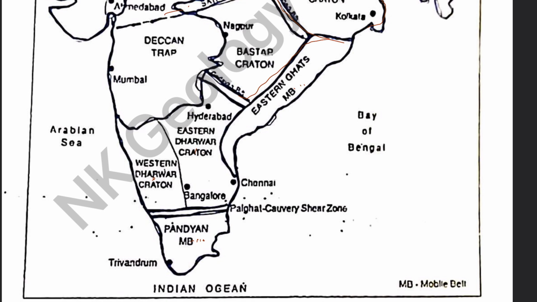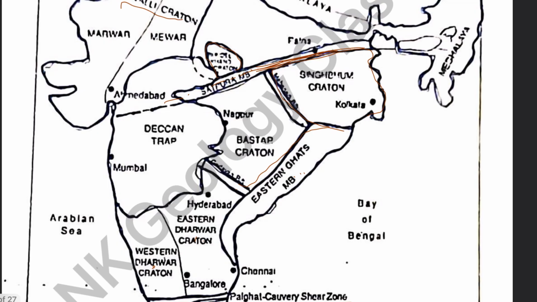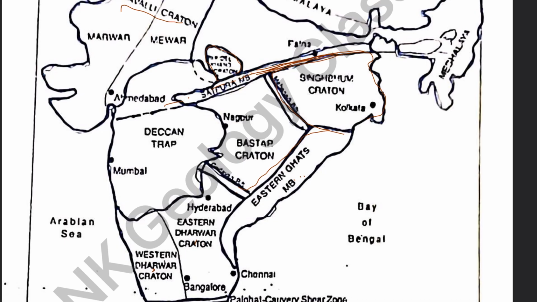Pandyan Mobile Belt is separated from the Dharwar Craton by the Palghat Kaveri shear zone, and the Bastar Craton and the eastern part of the Dharwar Craton have been separated by the Godavari graben. Similarly, Singhbhum Craton has been separated from Bastar Craton by the Mahanadi graben, and the Aravalli Craton and the Bundelkhand Craton have been separated by the Satpura Mobile Belt.